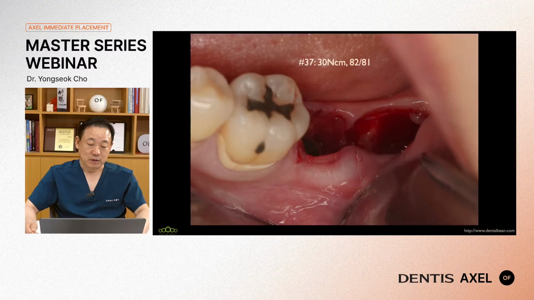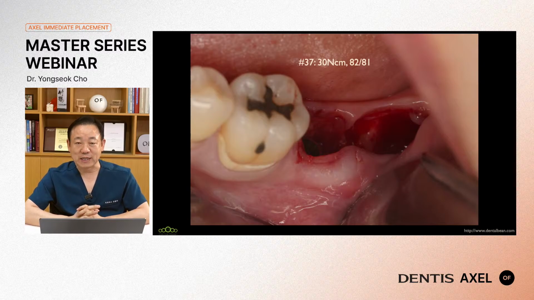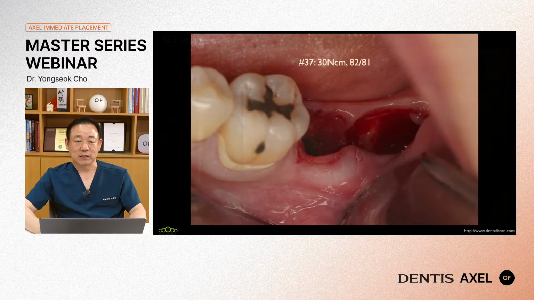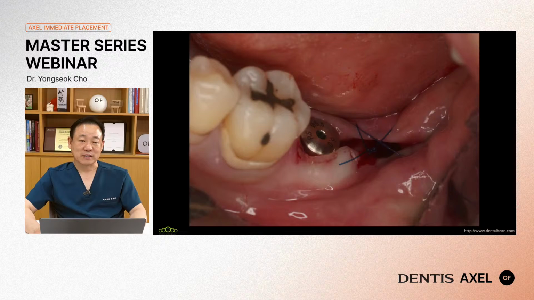The insertion torque was 13 Newton centimeter, and the ISQ value was 82, 81. So it's nice stability. And again, I connected the healing abutment, 5 by 5, and approximated the flap very lightly.